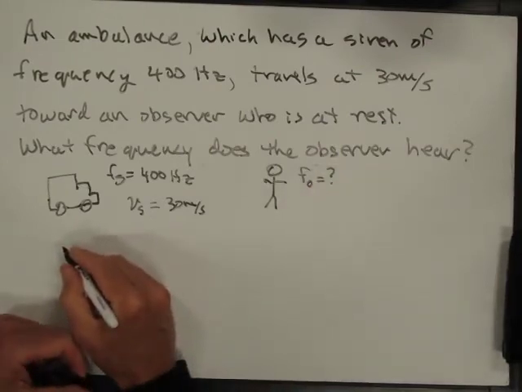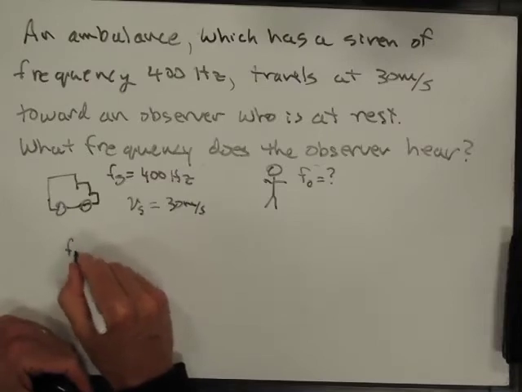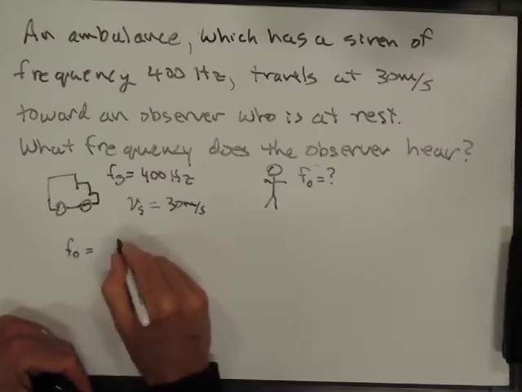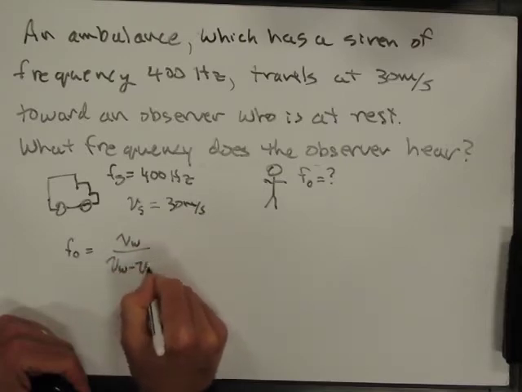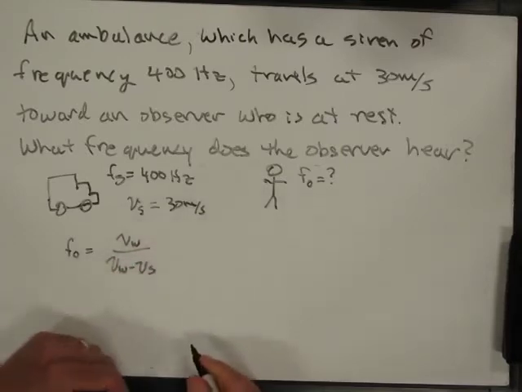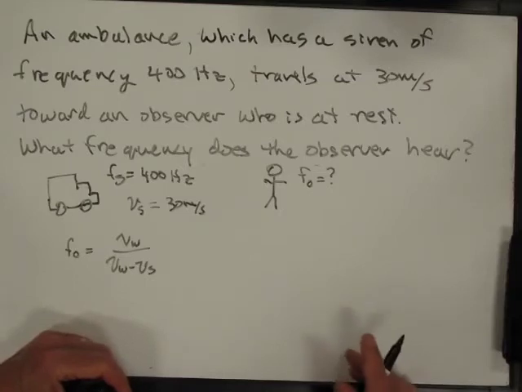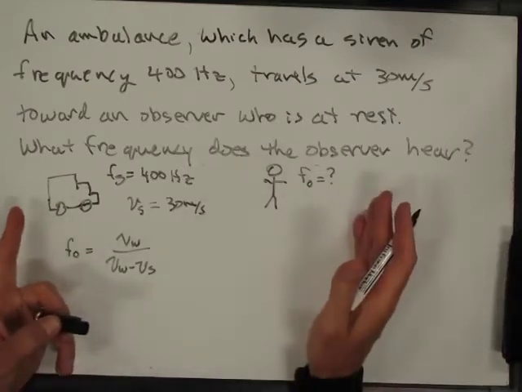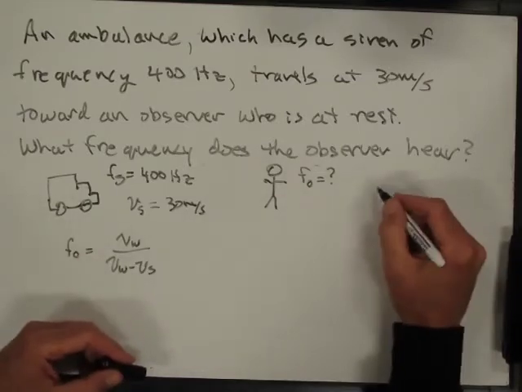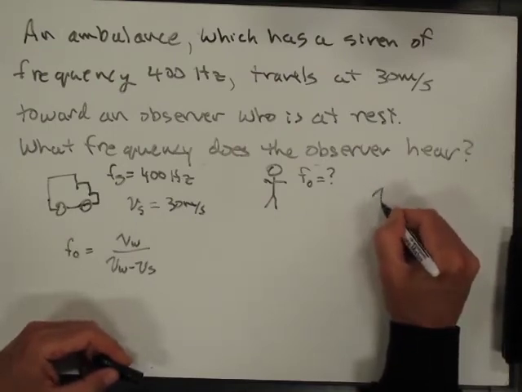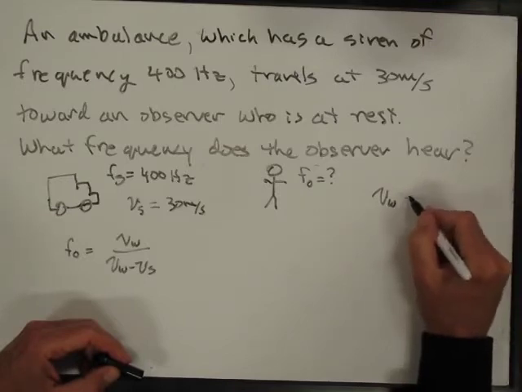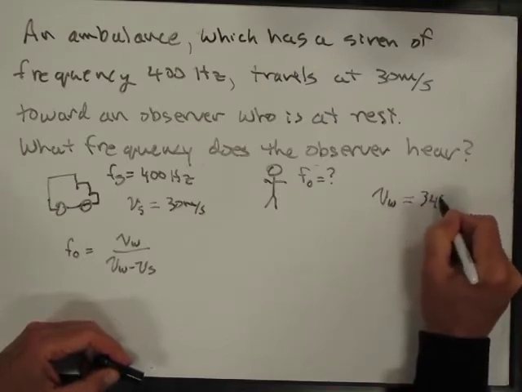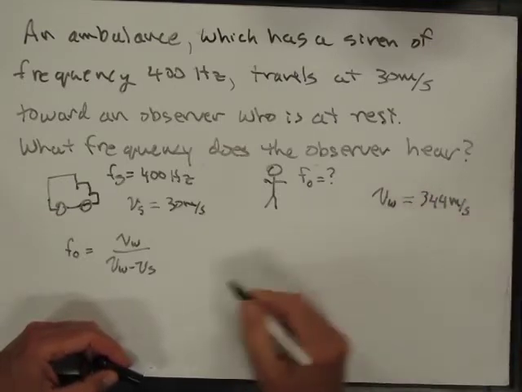And so this was our formula, right? It said the frequency heard by the observer is equal to the velocity of the wave over the velocity of the wave minus the velocity of the source, times the frequency of the source. Since it doesn't give us any details about the temperature or anything for us to calculate a different speed, we're going to say the speed of sound is the speed of sound at room temperature, 344 meters per second, or something like that.